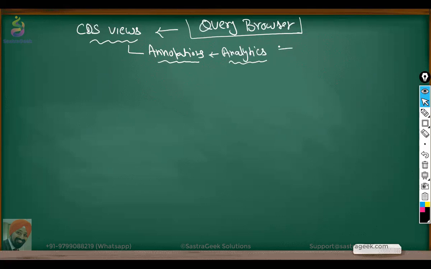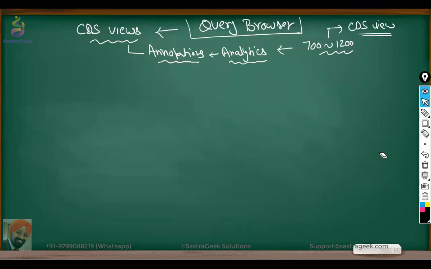SAP provides, I don't remember the count, but somewhere between 700 and 1200 CDS views already, which you can use to generate the reporting. So what kind of CDS views are these?